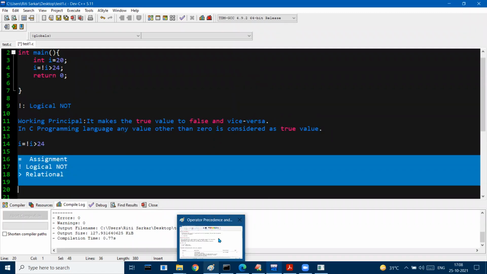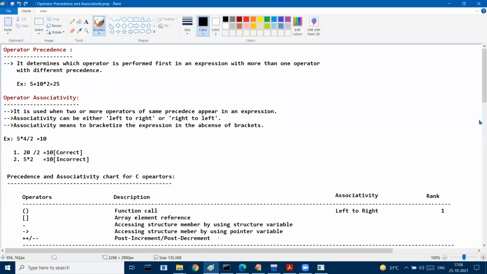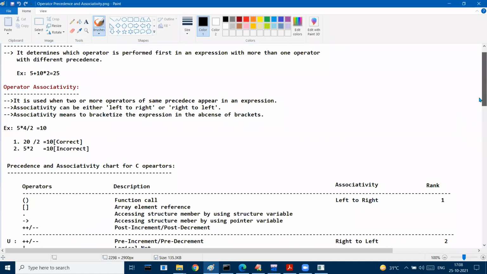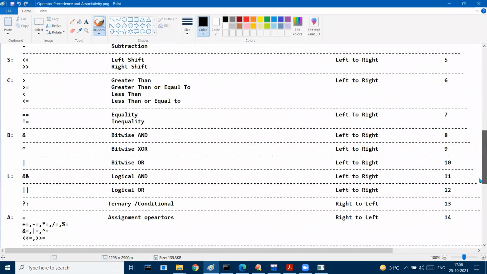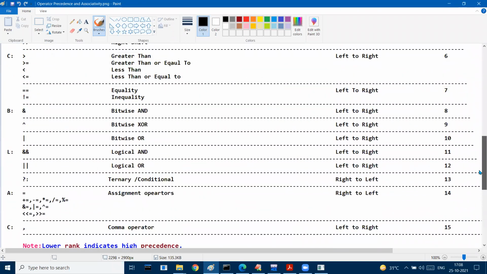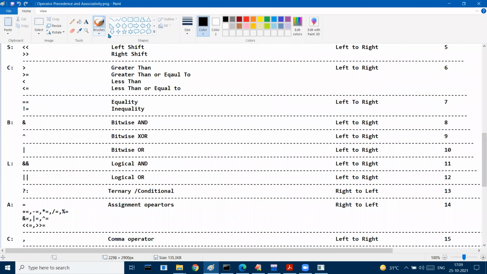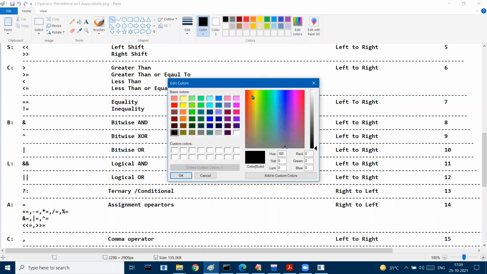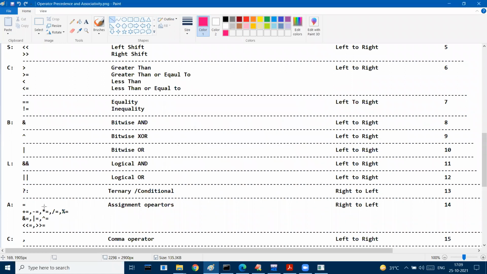You remember in the last session, I was talking about the precedence and associativity chart. I told you that everywhere it is required. If you see the chart, at the very last level, the comma operator is there. Before the last level, all these assignment operators are there: normal assignment and shorthand assignment.